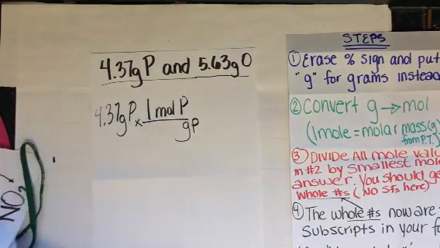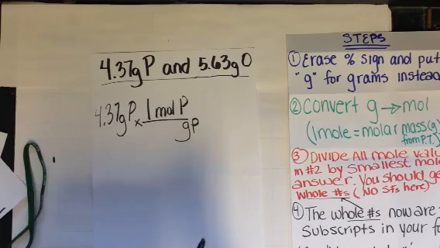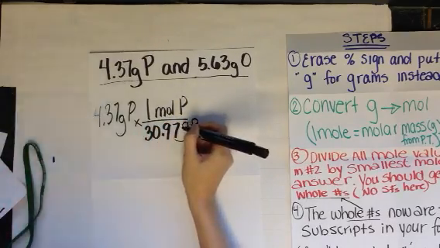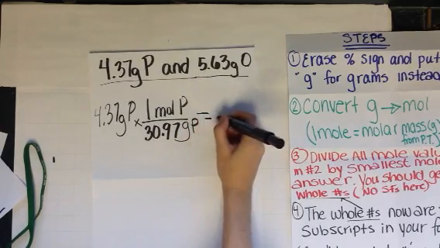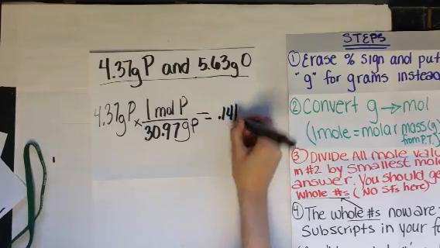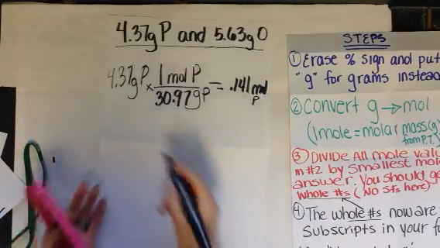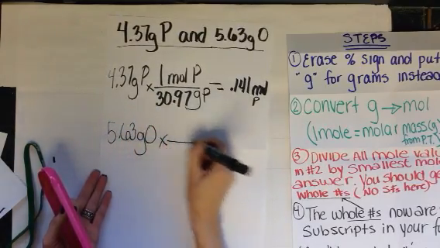Okay, and I look at my periodic table, and I notice P is, find P, 30.97 grams. And when I multiply and divide this out, I get 0.141 moles of P. Going to do the next one now, oxygen, 5.63 grams of oxygen.